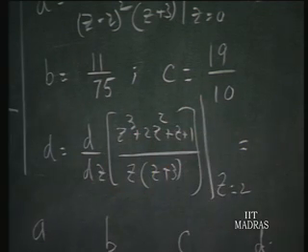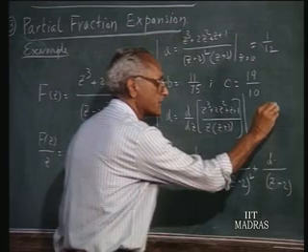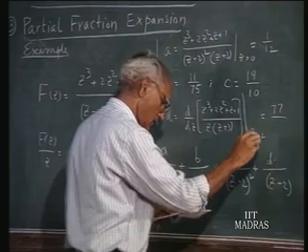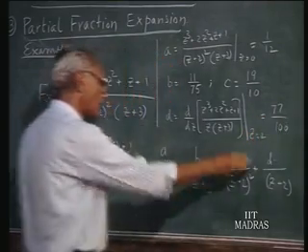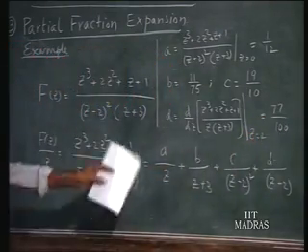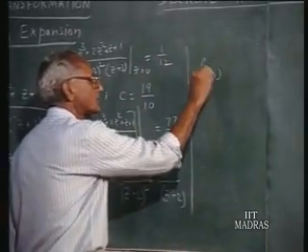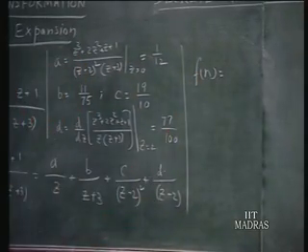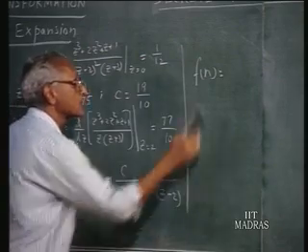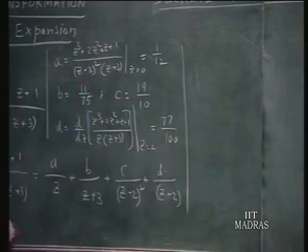I will not do the complete work. You can show this to be 77 upon 100. So we have got all the partial fraction terms now, A, B, C, D. This is a partial fraction expansion of F of z over z.